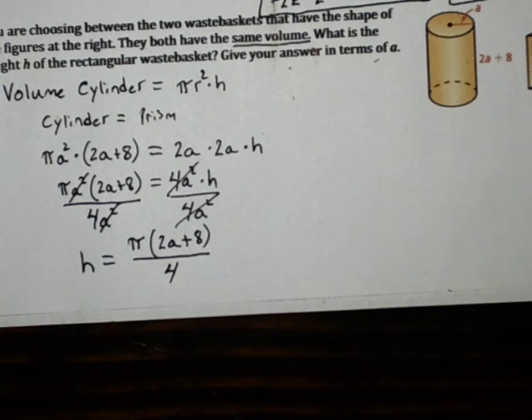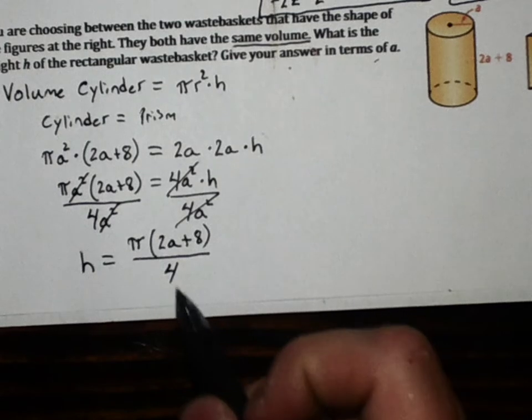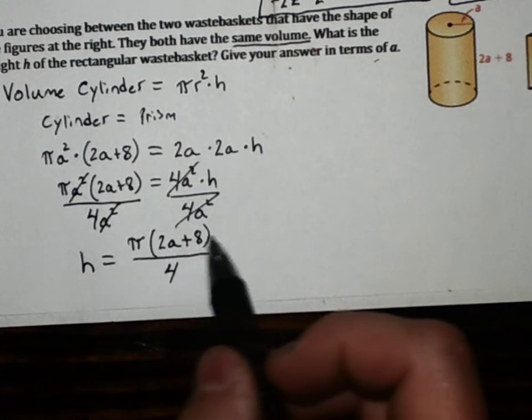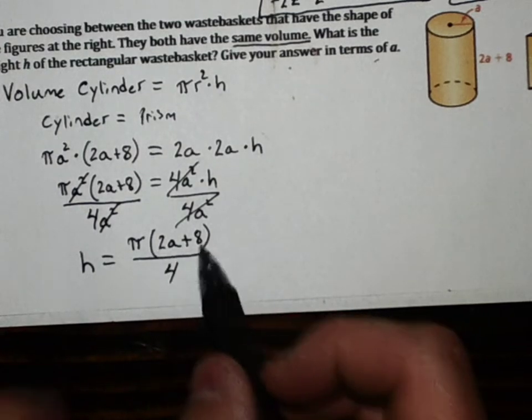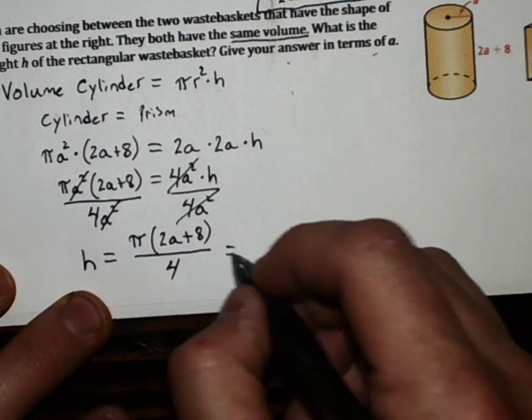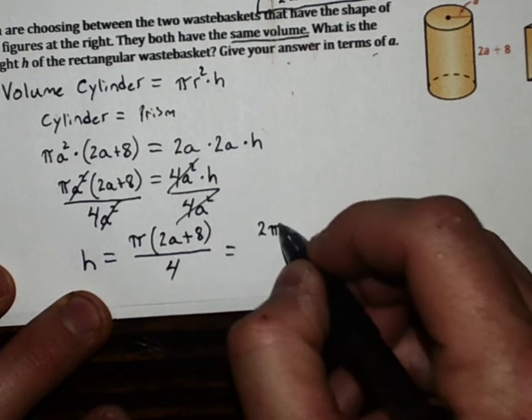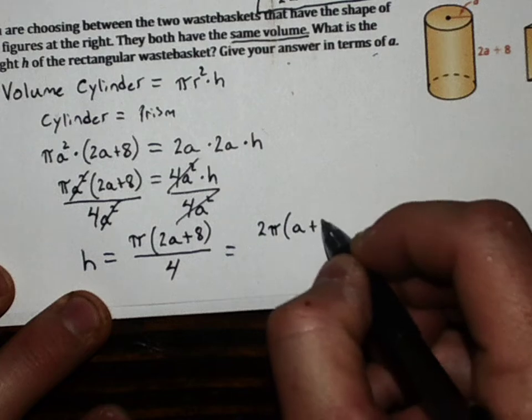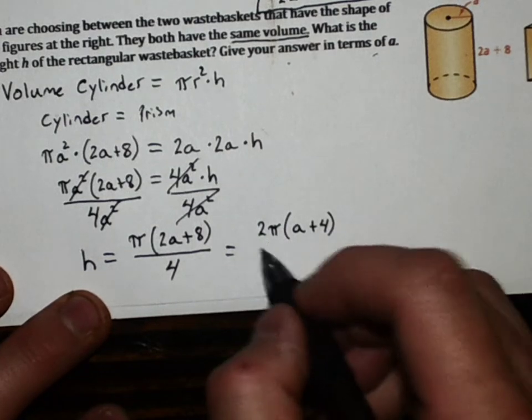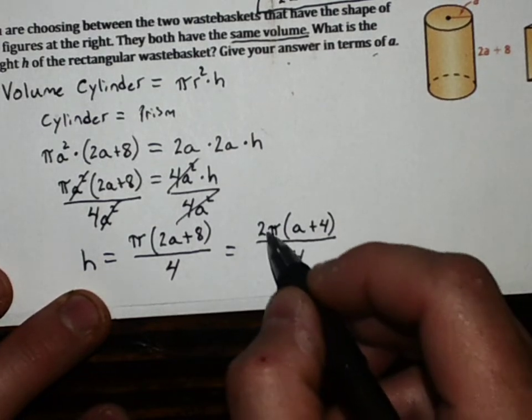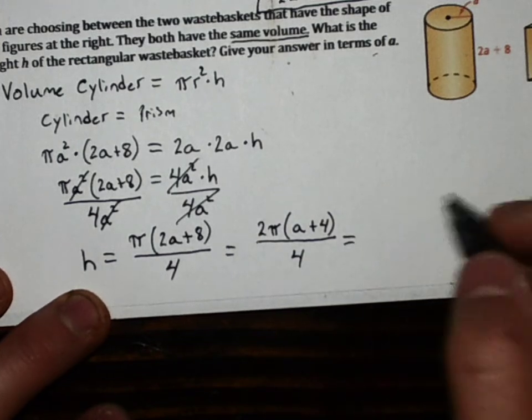You can go a little farther here. There's a 2 in both of these, 2 and that 8. So you could simplify this to 2 pi outside of a plus 4. This 2 then divides into that 4, leaving it as a half.